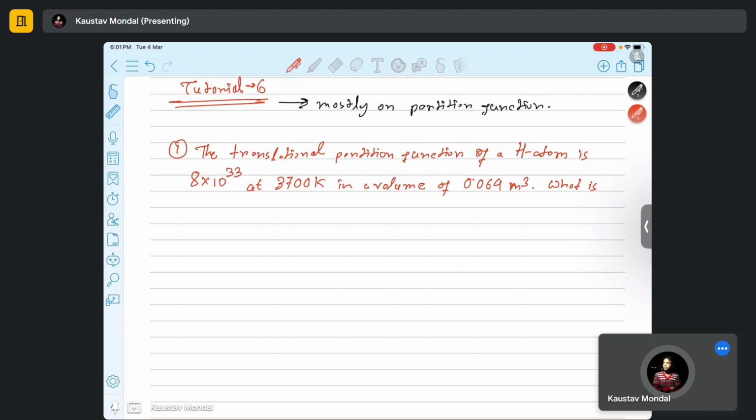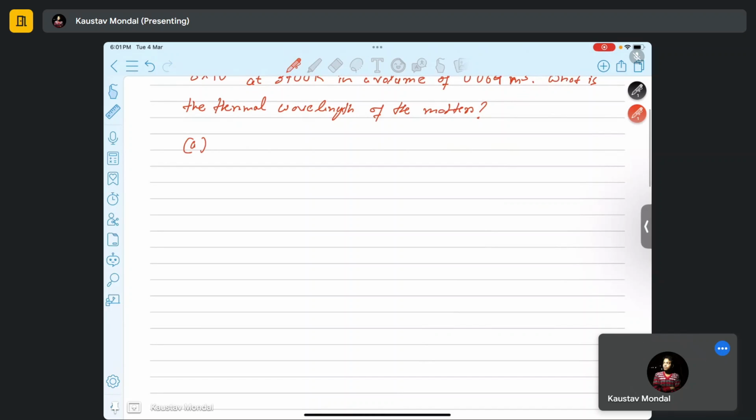What is the thermal wavelength of the matter? The options are: option A 10 to the power minus 12, option B 4 into 10 to the power minus 12, option C 2 into 10 to the power minus 11, and option D 2 into 10 to the power minus 12. Okay, so this is the question.